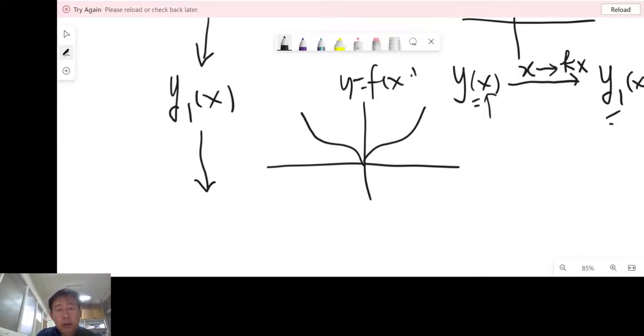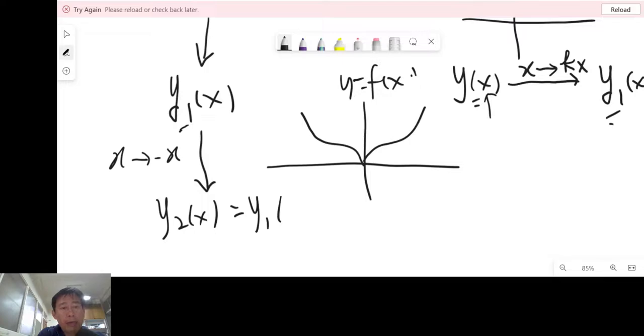And the operation of carrying out the reflection about the y-axis is by replacing x by minus x. So under this operation of replacing x by minus x, y1 would be brought to another function y2, where y2 is obtained from y1, where the argument x in y1 is replaced by minus x.